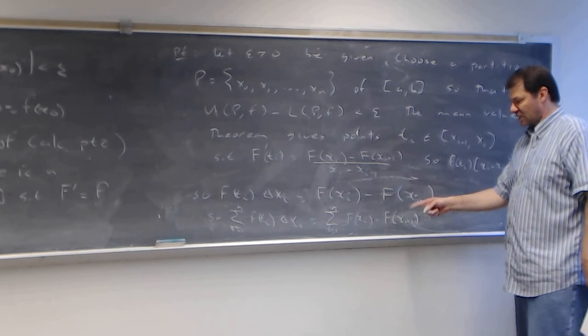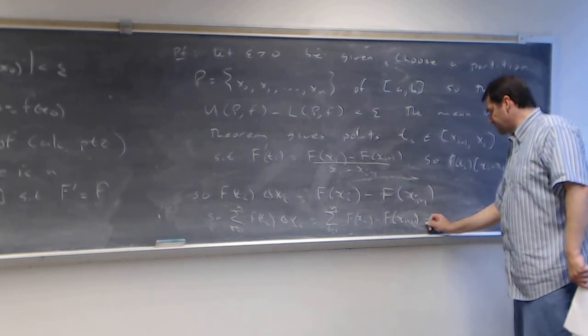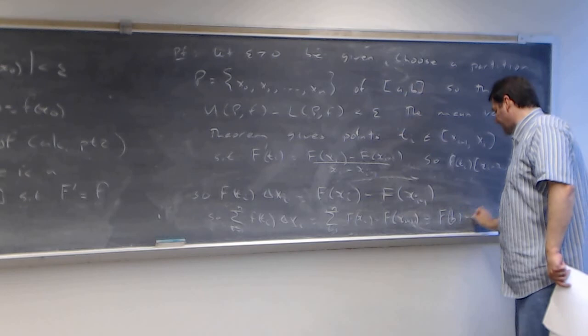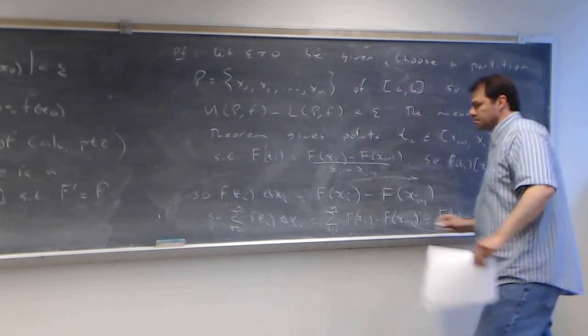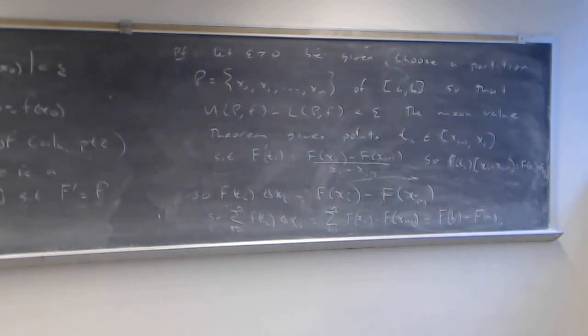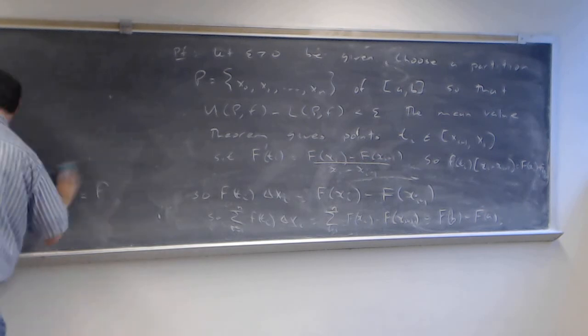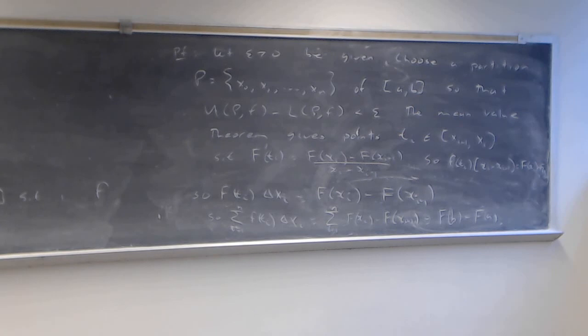What happens is that there's a lot of cancellation if you write out the expansion of this sum, and you just end up getting big F of b minus big F of a.